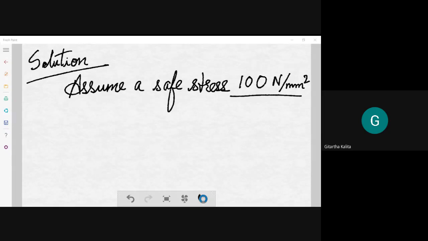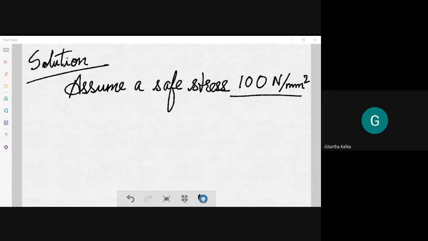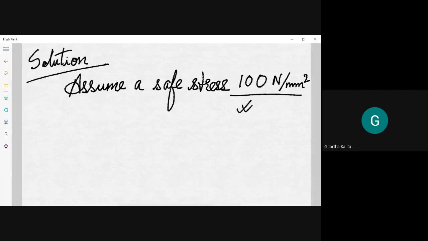Now, students might ask, sir, from where did you take this range? We might take 50 also, we might take 200 also. Instead of 100, you might take 50, you might take 250, you might take 300. Why are you taking just 100? In that case, I can just say that there is no such rule, and it is not written in any book that you have to take 100 only.